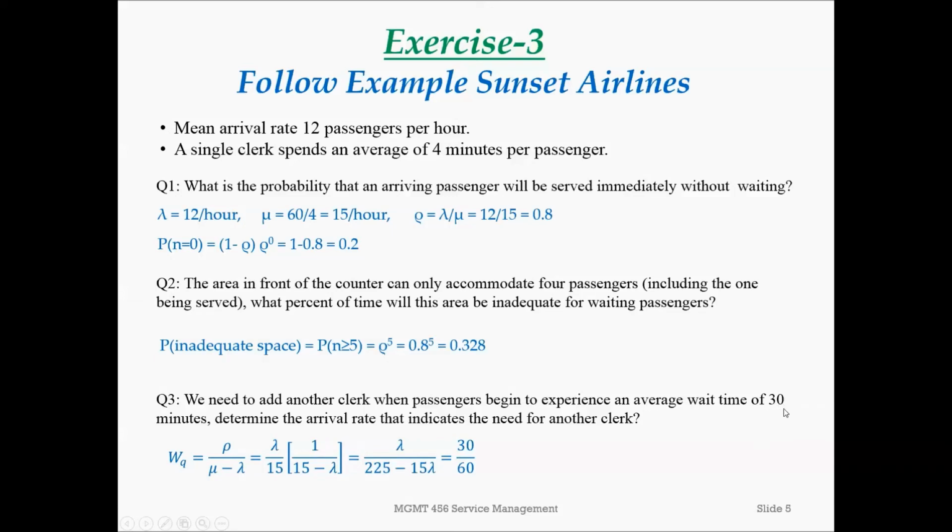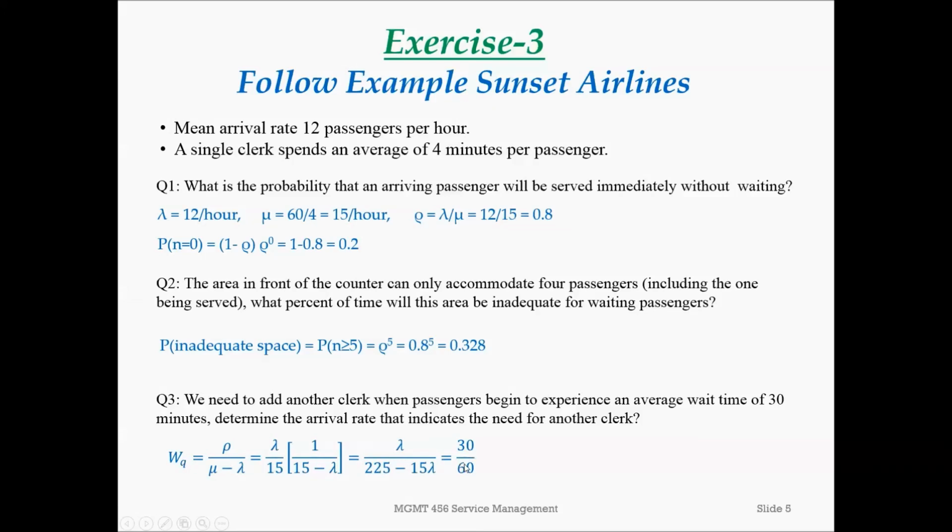This is our target average wait time. Mu is 15, the same as before. So rho is lambda divided by mu, which is lambda over 15, and then we have mu minus lambda, which is 15 minus lambda. So this whole term is equal to the average wait time of about 30 minutes.